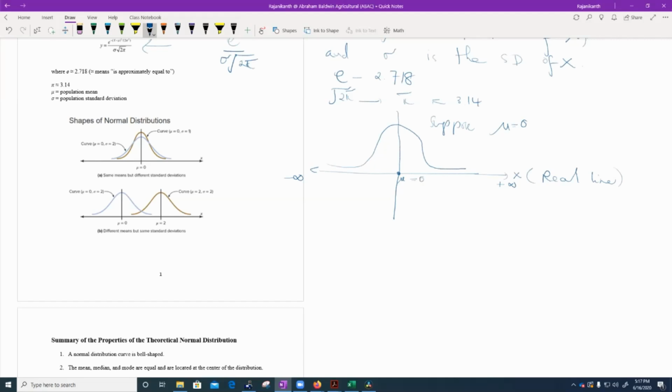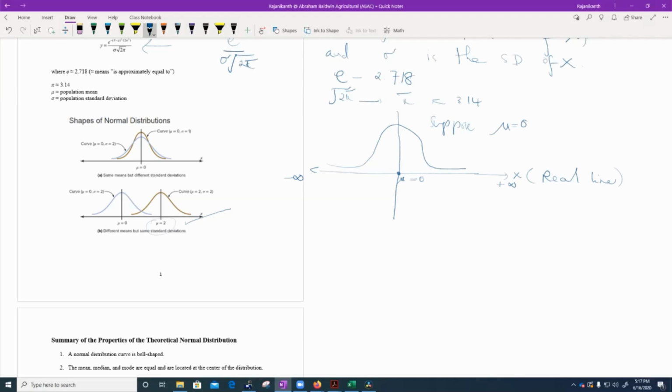Mu may be any real value, maybe 2, maybe 6. If you look at the third picture here, the middle point is 2. So the middle point is always going to be the mean of the problem, and the standard deviation will be given in the problem.